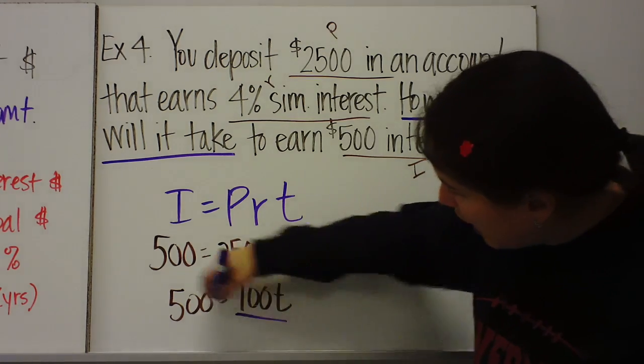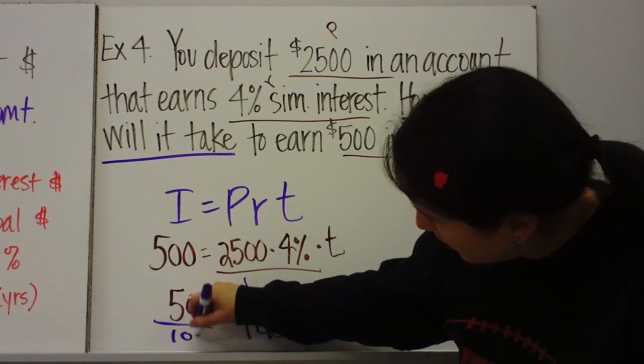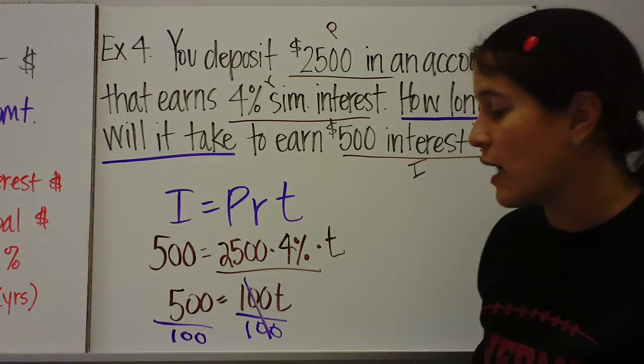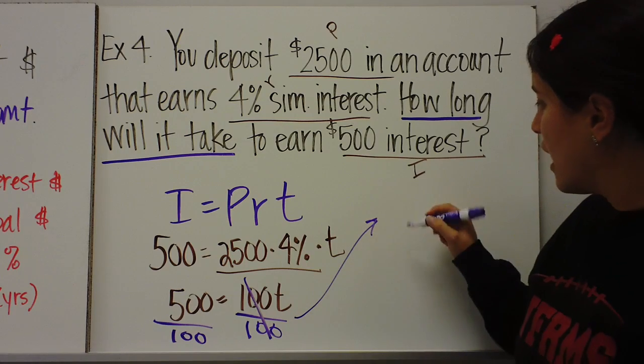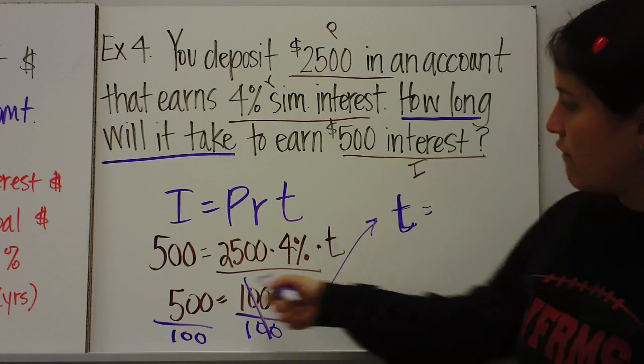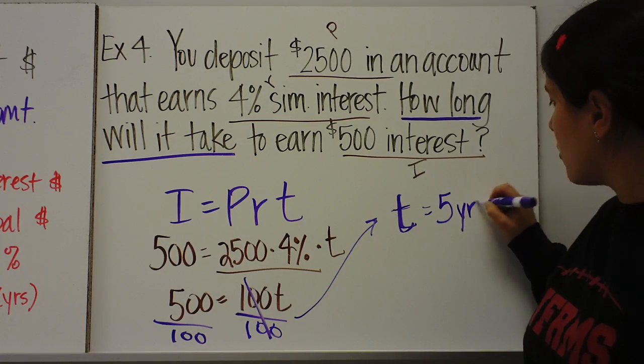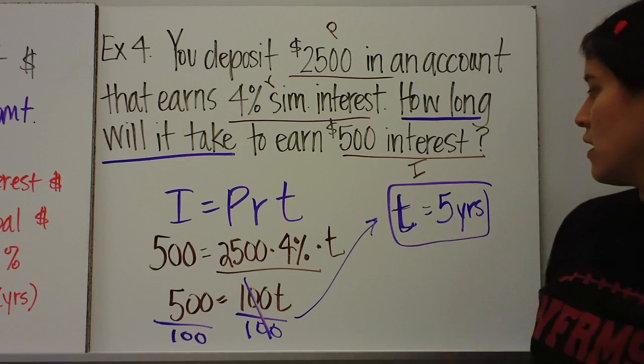So I'm going to divide both sides by 100. Everybody write that down. Divide both sides by 100, and I get t equals 500 divided by 100 is going to be 5. So t equals 5 years.